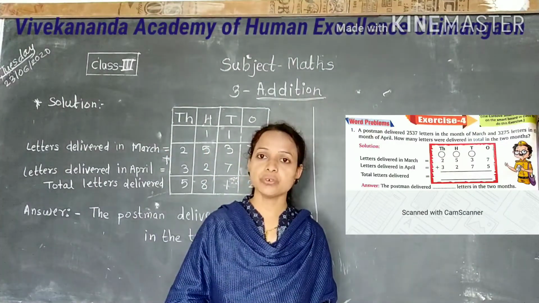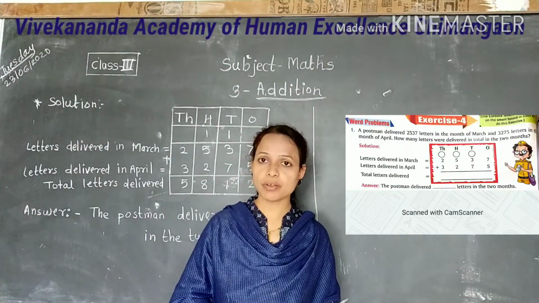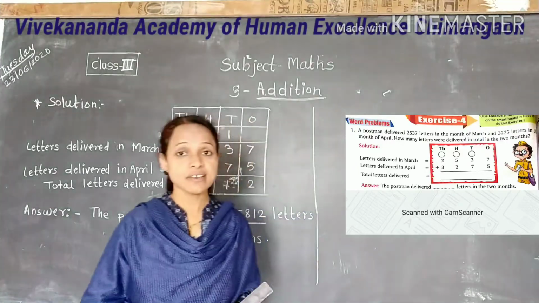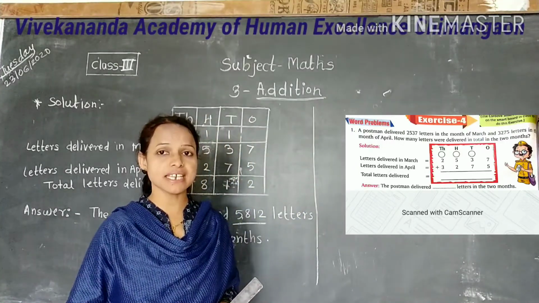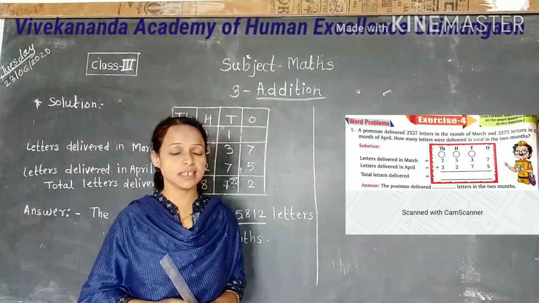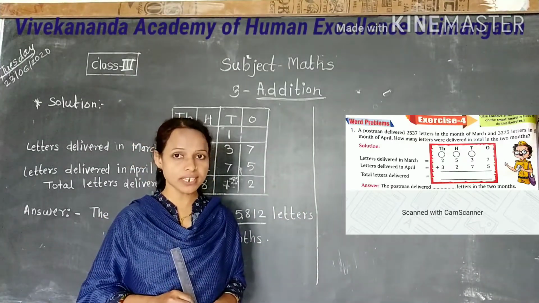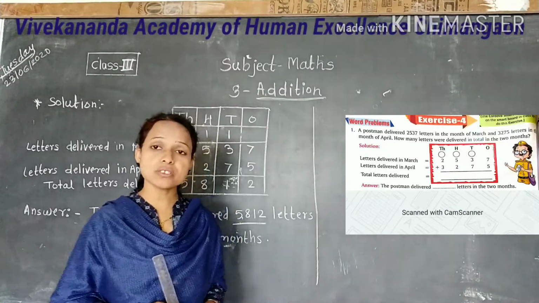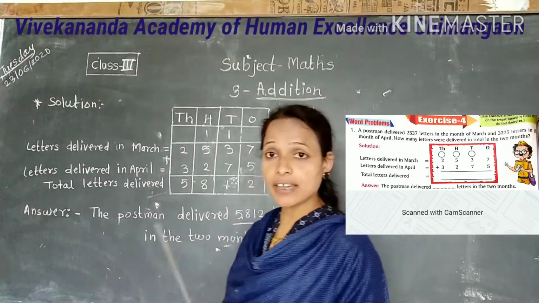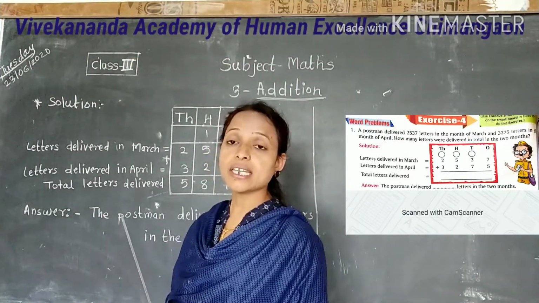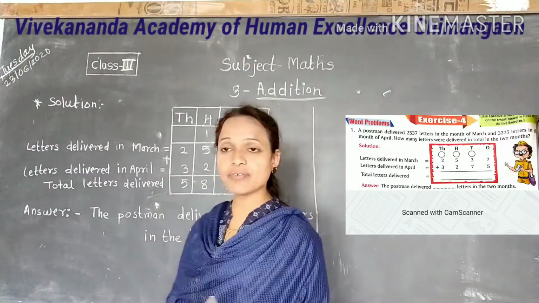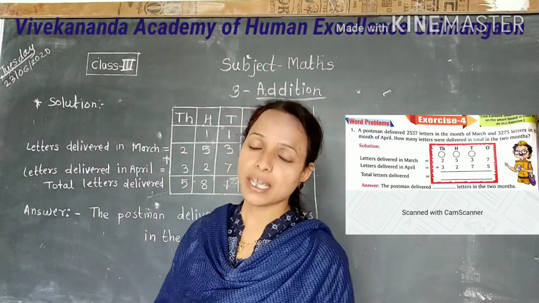Now I will show you how to solve the word problems given in exercise 4. So let's see the first word problem given in exercise 4. Look here. What do they ask in the first word problem? Read carefully. A postman delivered 2537 letters in the month of March and 3275 letters in the month of April.